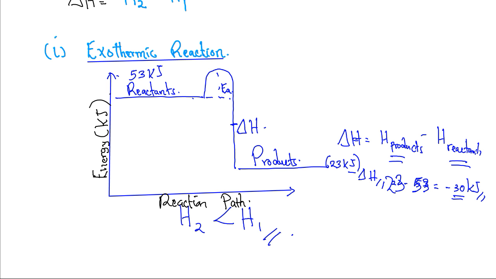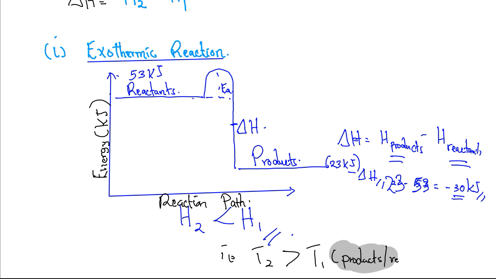So we are saying that T2, which is for the final, is greater than T1, which is for the initial. T1 for the reactants and T2 for the products. Sorry for that. T2 has to be greater than T1, which is the initial, and then T2 is our final.